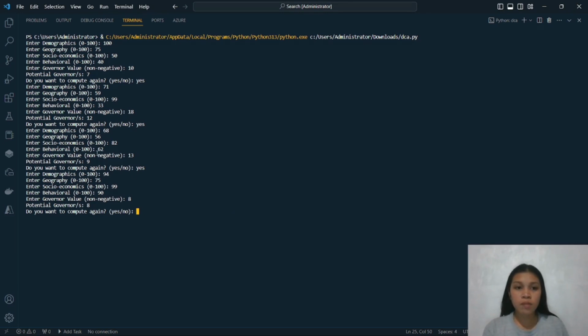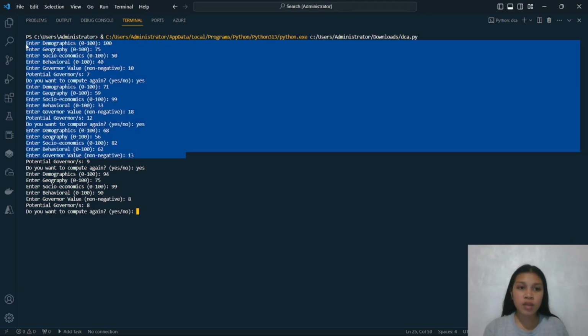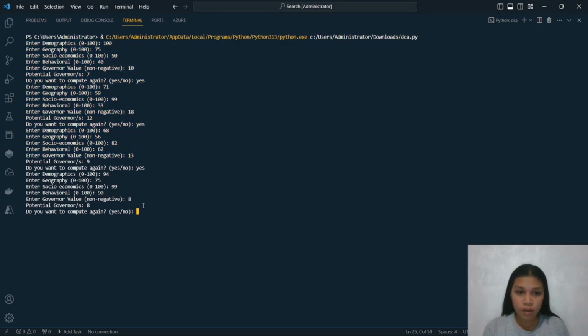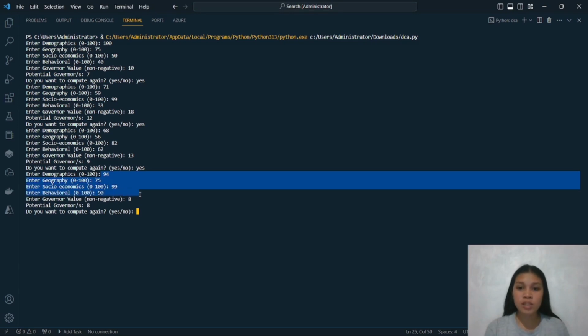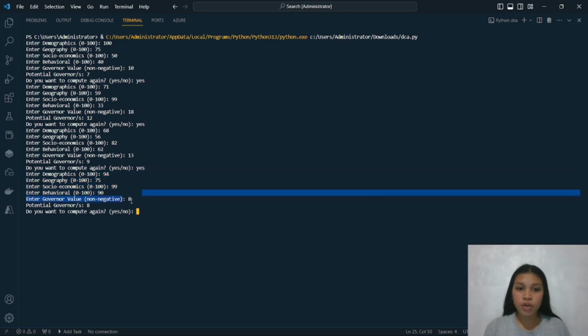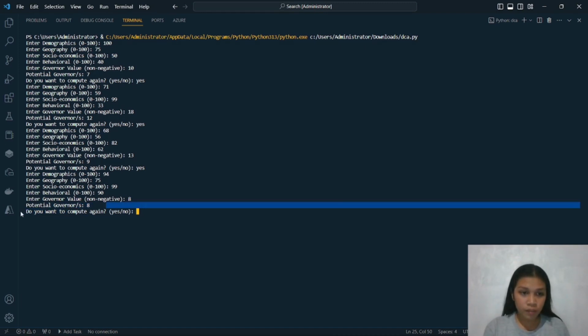The same as the three cases that we tested, the sum of the factors 94 plus 75 plus 99 plus 90 is equal to 358. Divided by 400 is equal to 0.895. Then multiply it by the governor value of 8, and we get 7.16, which is rounded up to 8. So the potential governor of this case is 8.